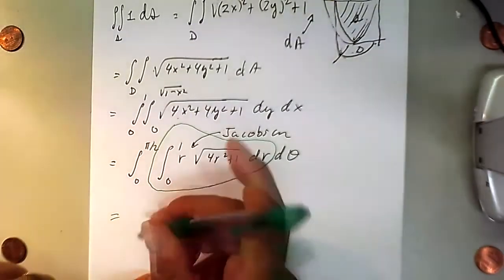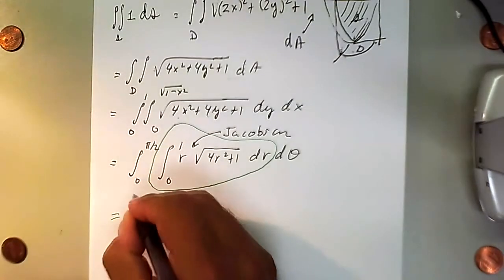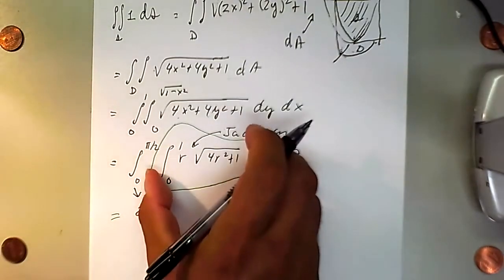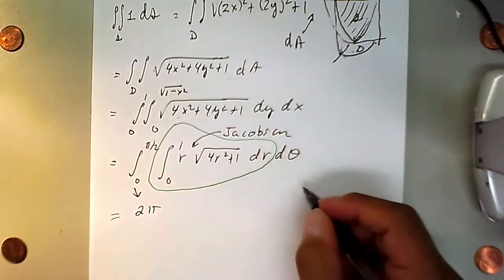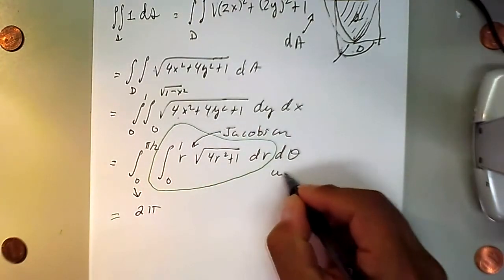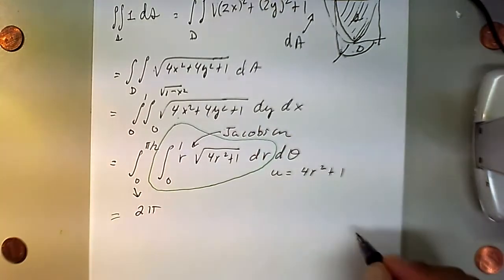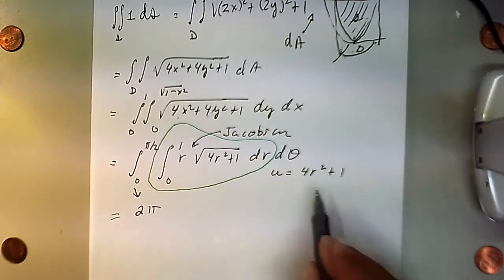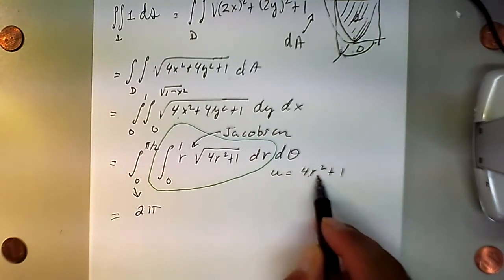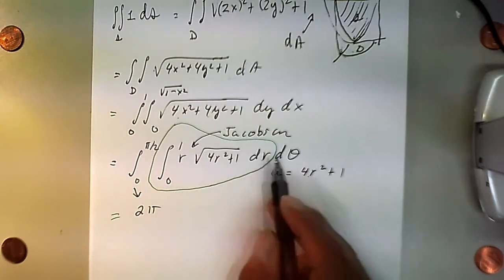So let's go back to the same. This is going to be 2 pi. That comes from this integral. And this we're going to do on the side. We can set a u substitution to be 4r squared plus 1. And so du is going to be 8r dr. And we have r and dr, but we have to divide by 8.